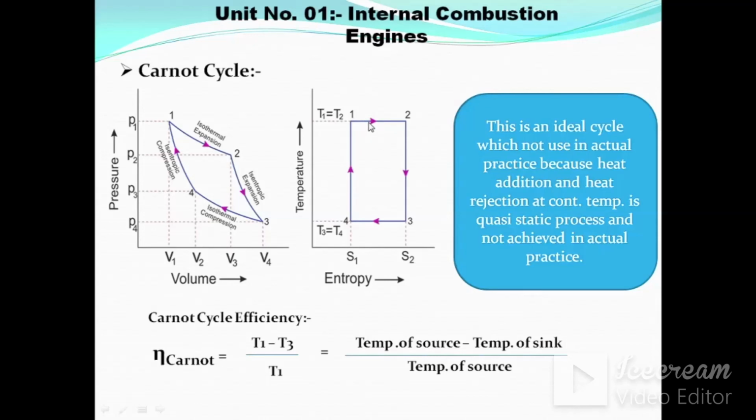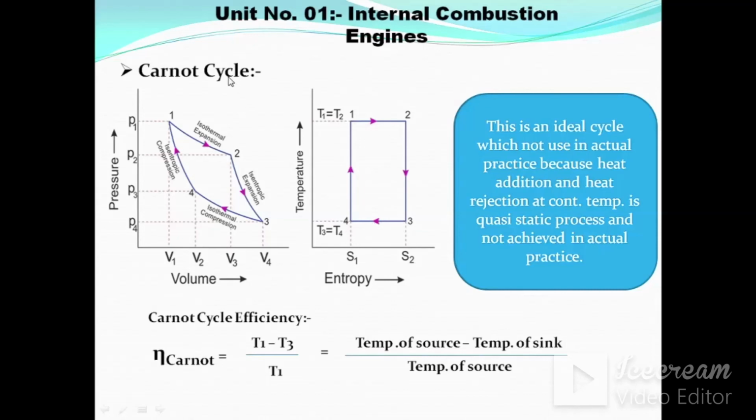Why is this process not used in practice? Because heat addition and heat rejection both occur at constant temperature, but in actual practice during heat addition the temperature is rising and during heat rejection the temperature is falling.